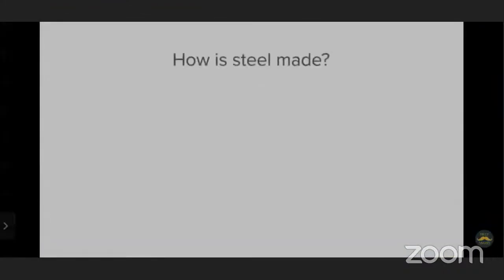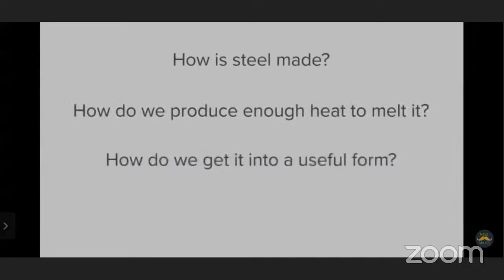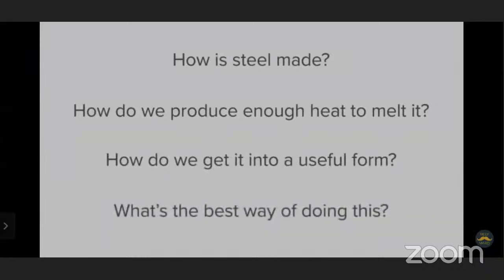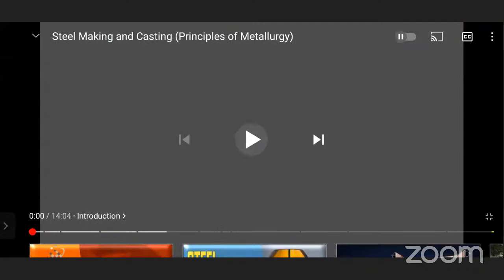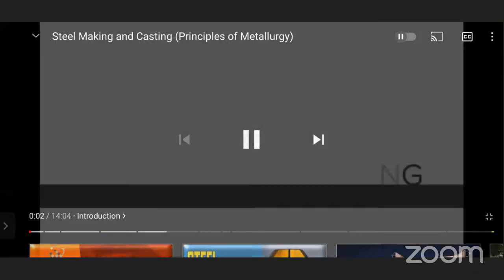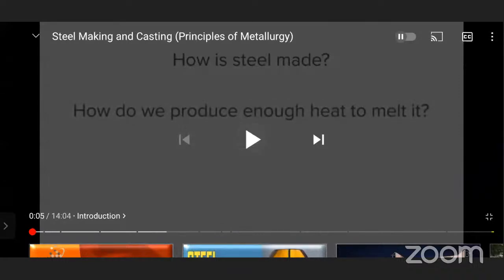How is steel made? How do we produce enough heat to melt it? How do we get molten steel into a form that we can use, and what is the best way of doing this? So regarding steel, there are many questions that come up for us daily, like where we are using it. How much energy or heat is needed to melt it?